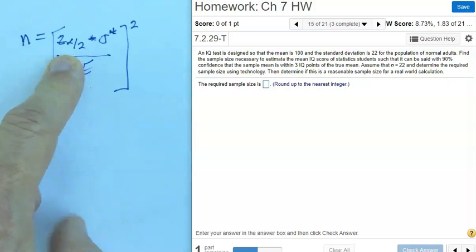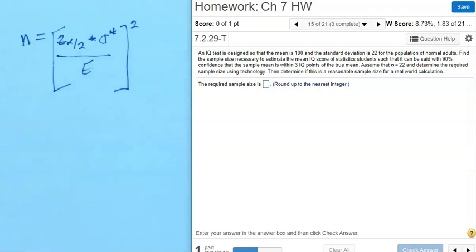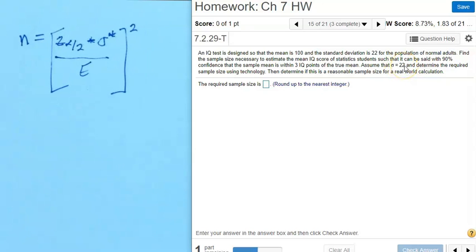Also in this one we have the critical value. So for that you're going to have to go to StatCrunch and use the normal calculator, just like we've done in previous problems. Where it has the sigma star, this is an estimate for the standard deviation, and they give you that in this problem, where they say assume that sigma equals, in mine it's a 22.